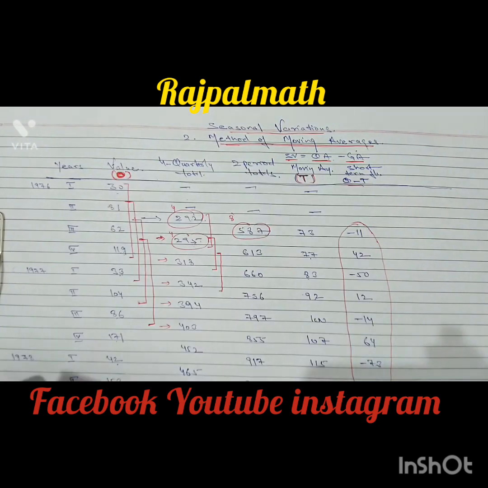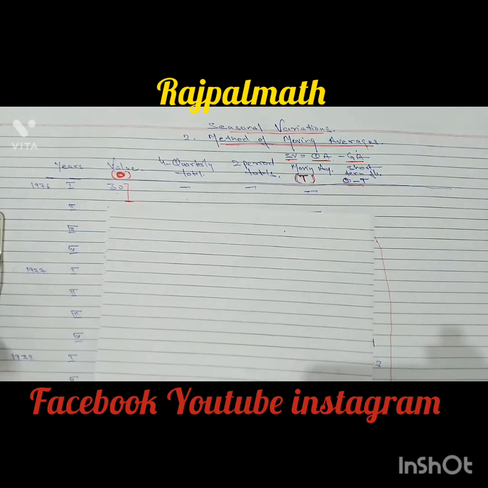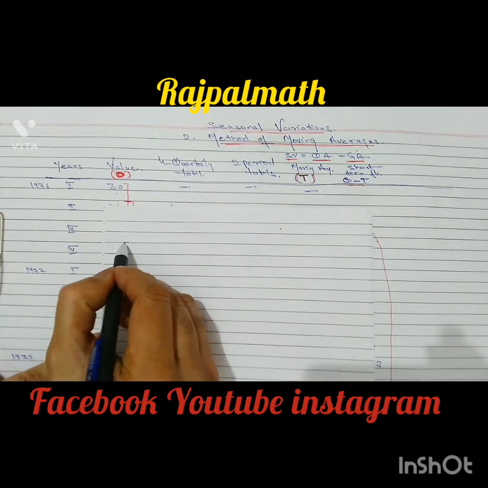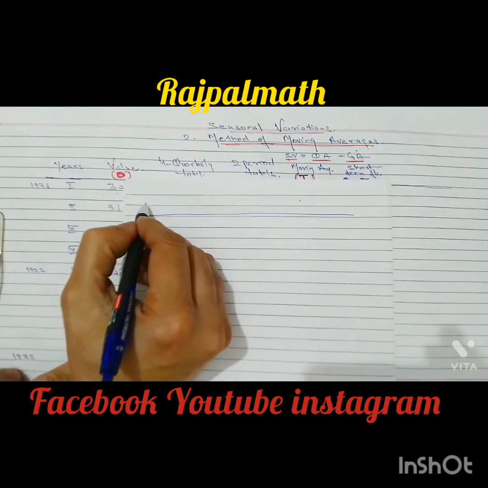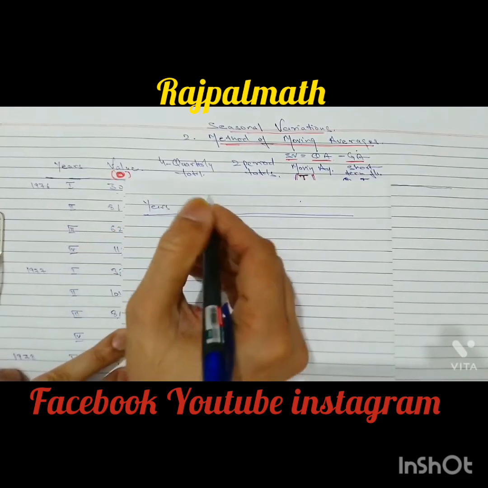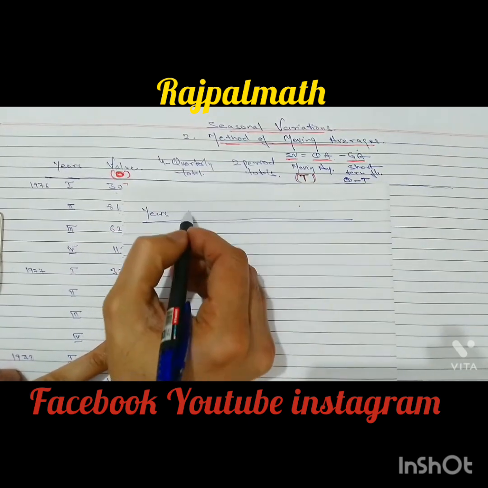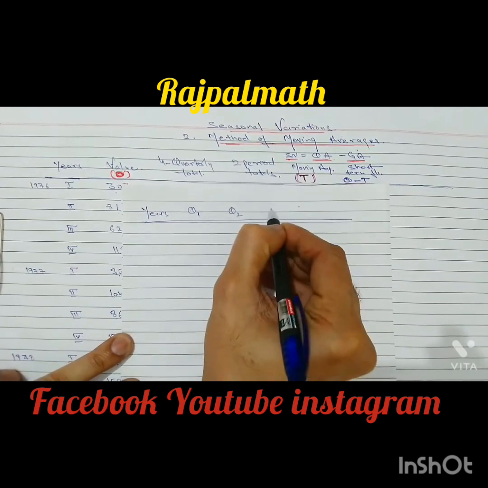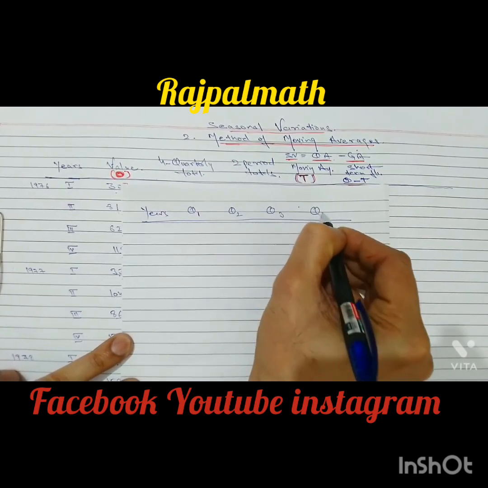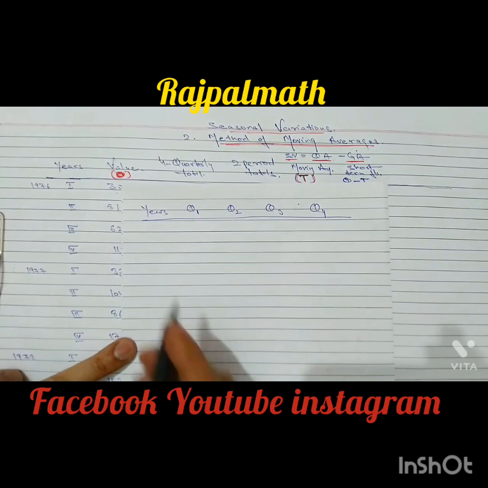Now for next, draw again the same table. Years are given. Clear? Quarterly, first quarter data is given, second quarter data, third quarter data, fourth quarter data.